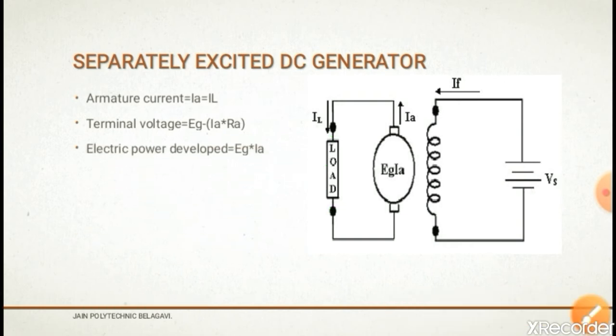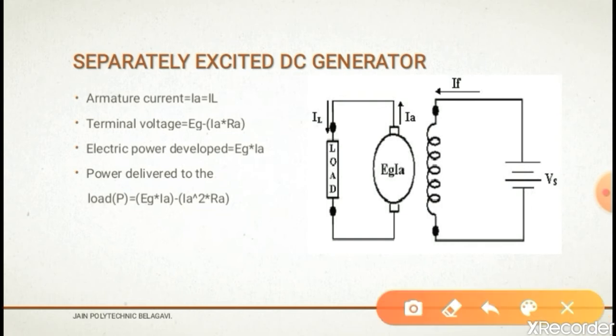The electric power which is developed is given as Eg into Ia, and the power which is delivered to the load is nothing but the power developed minus its losses. The loss is given as Ia square into Ra.